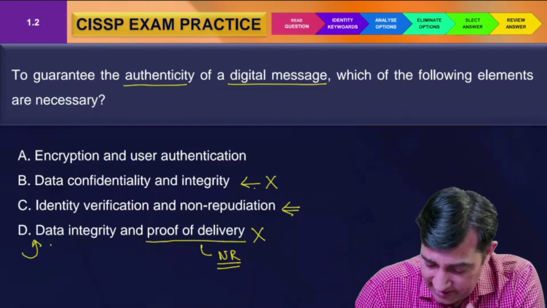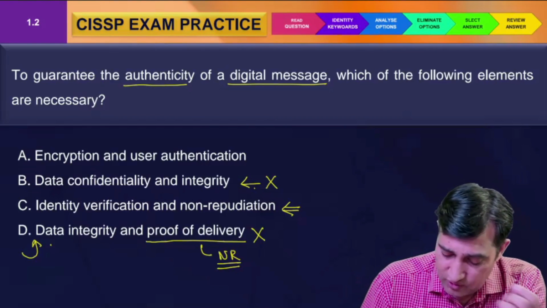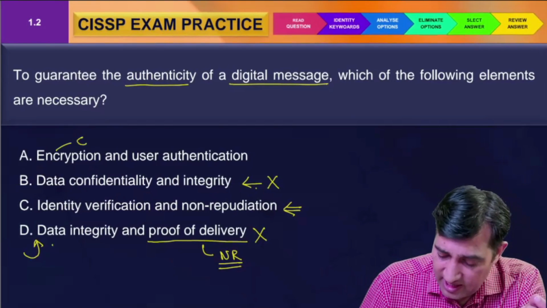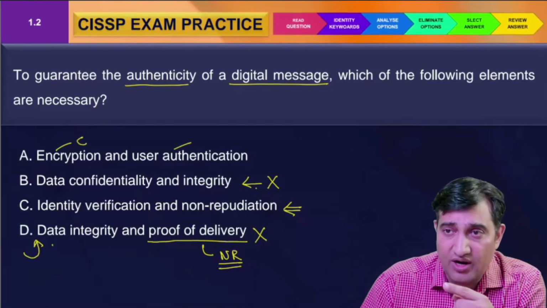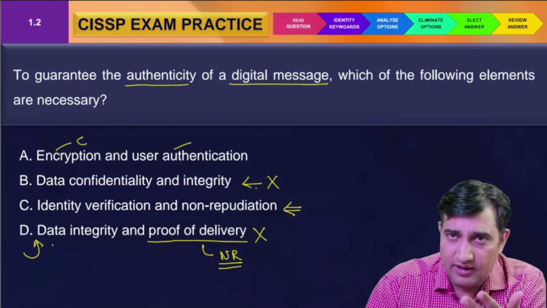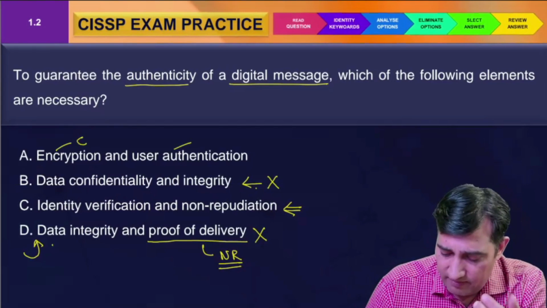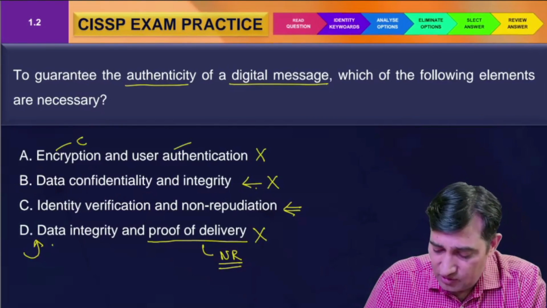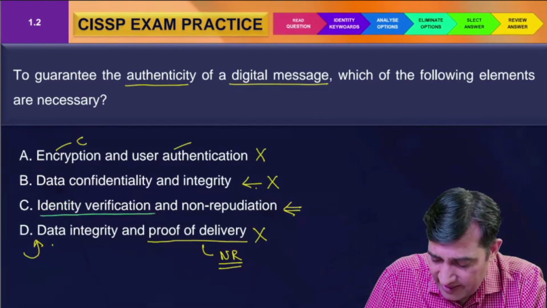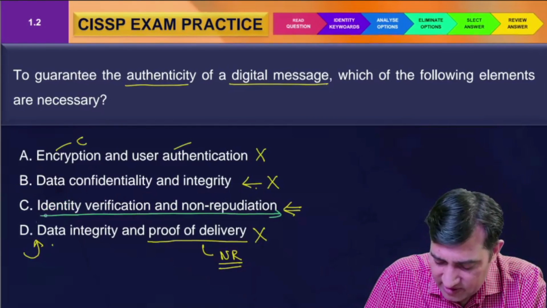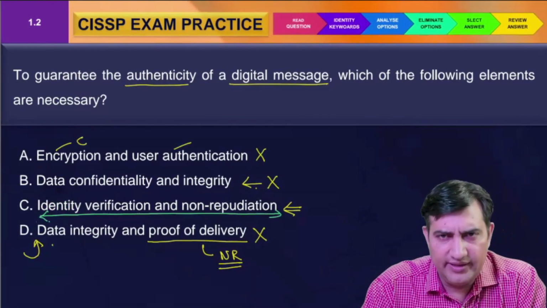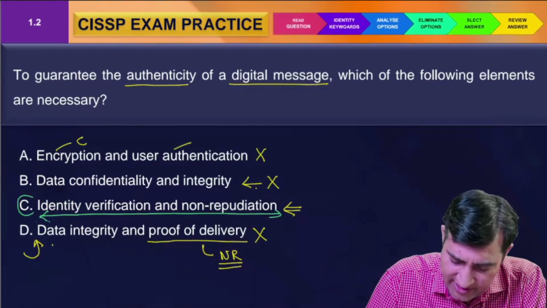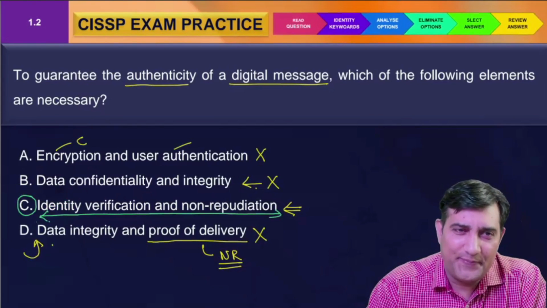Encryption is confidentiality, and user authentication, yes, that is part of your authenticity. But again, as a whole statement, this is also wrong. I see only this option actually carries more weightage compared to the other ones, and that is why my answer in this particular case is going to be C.